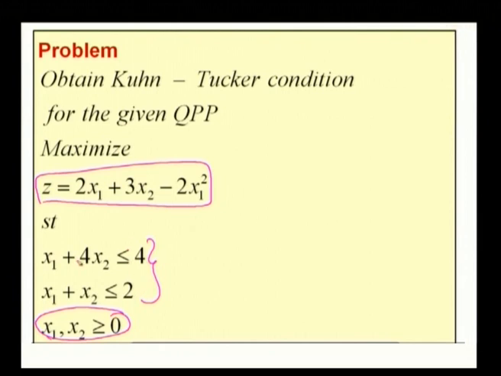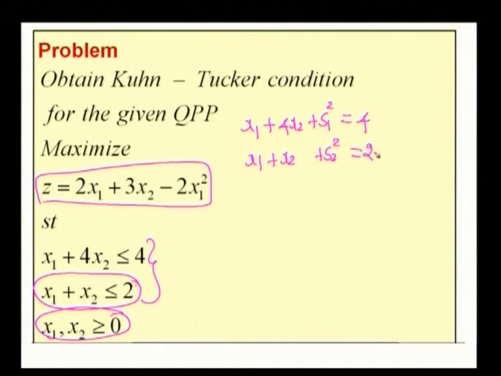The first constraint x1 plus 4x2 less than or equal to 4, by introducing the slack variable s1 squared, can be written as x1 plus 4x2 plus s1 squared equal to 4. By introducing the slack variable s2 squared in the second inequality constraint, it can be rewritten as x1 plus x2 plus s2 squared equal to 2.